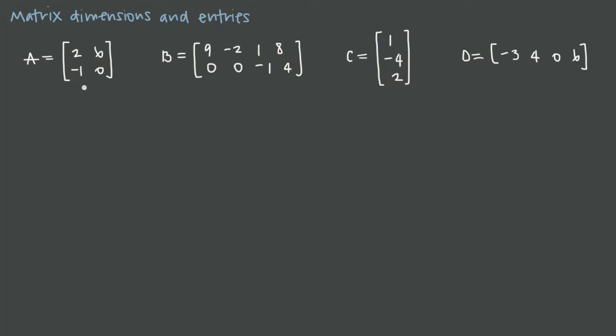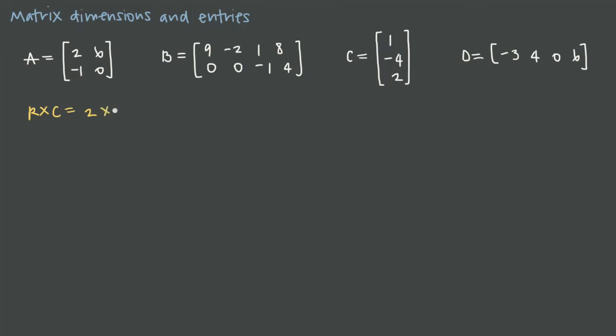So as far as dimensions go, we always indicate dimensions as rows by columns. So for matrix A, there are 2 rows, the 2, 6 row and the negative 1, 0 row. And there are 2 columns, the 2, negative 1 column and the 6, 0 column.